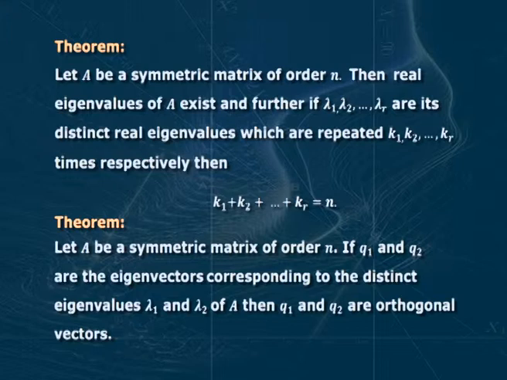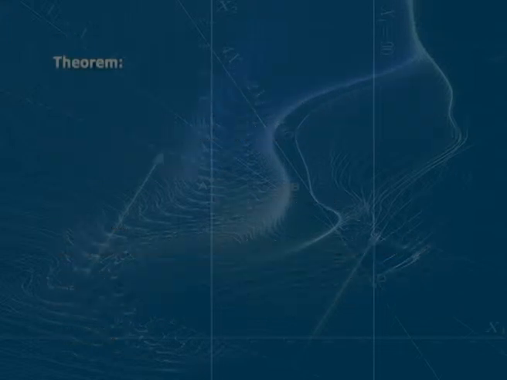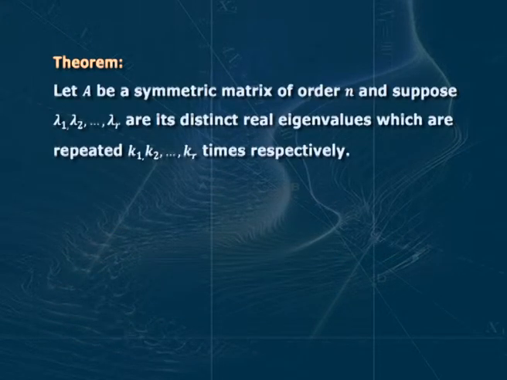Theorem: let A be a symmetric matrix of order n. If q1 and q2 are the eigenvectors corresponding to the distinct eigenvalues lambda 1 and lambda 2 of A, then q1 and q2 are orthogonal vectors. Theorem: let A be a symmetric matrix of order n, and suppose lambda 1, lambda 2 and so on up to lambda r are its distinct real eigenvalues, which are repeated k1, k2 and so on up to kr times respectively.